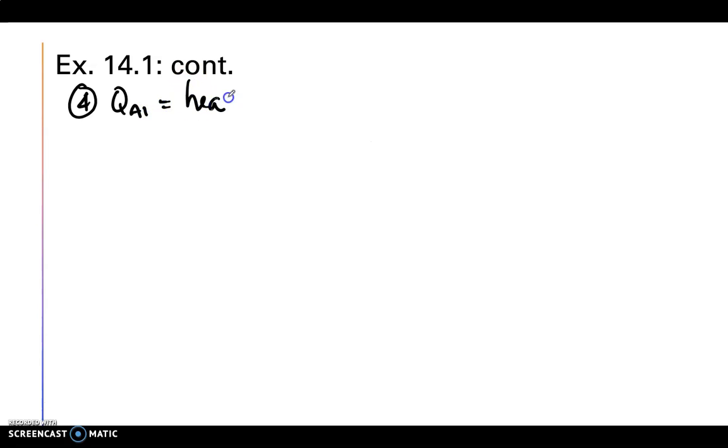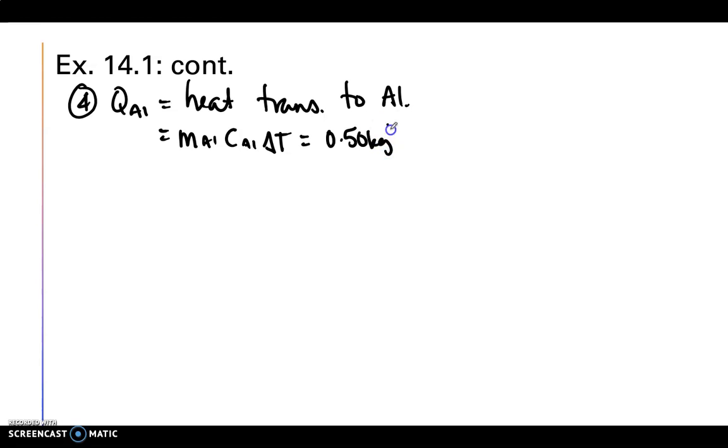Okay, so remember, heat transferred to the aluminum will be m_Al c_Al delta T. So that was 0.5 kilograms. And again, you'll find this in your textbook. I'm going to go ahead and write it down now, and then we can go look at what I'm talking about. Okay, and then delta T.